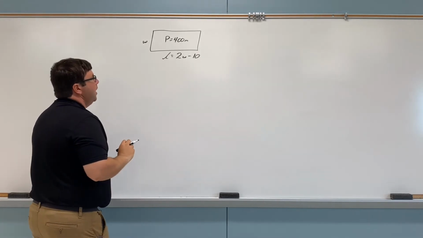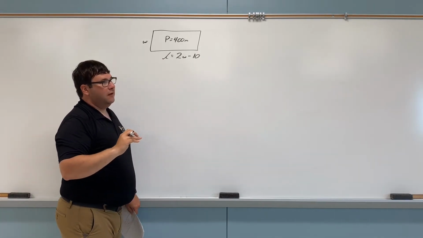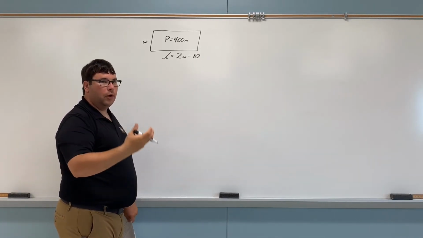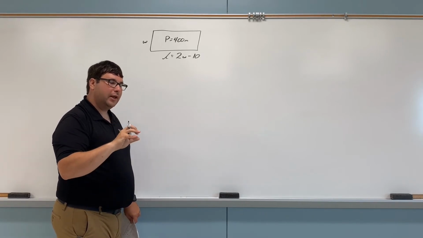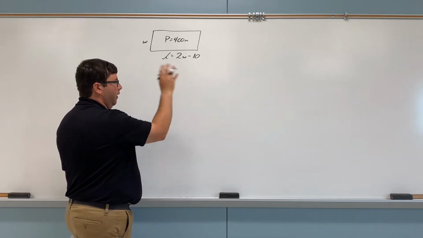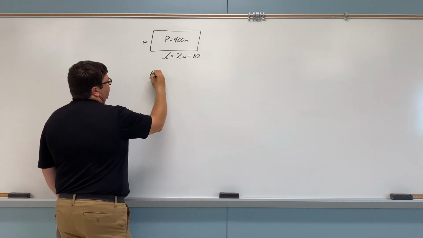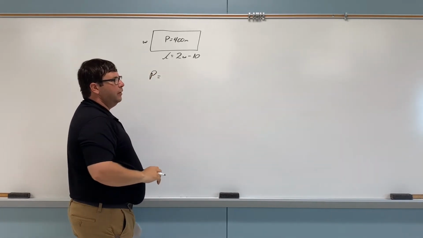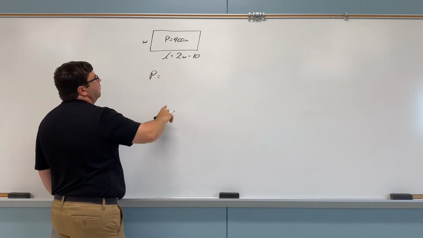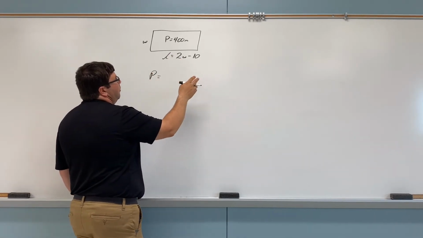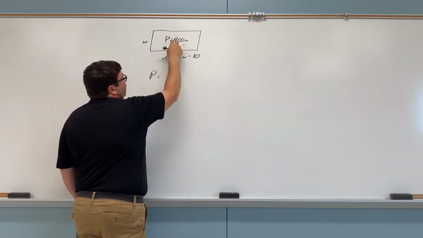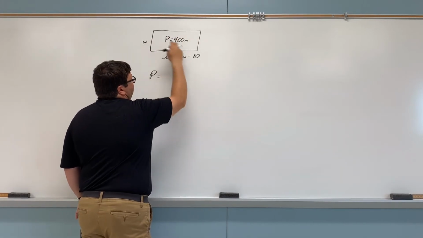Okay. Now, in this instance, you have to put a little bit of work into it beforehand to really get a good understanding of what you're looking at mathematically. So talking about perimeter, we just said it was the addition of all sides. So you could do this manually, or you could say that I have two lengths and I have two widths.